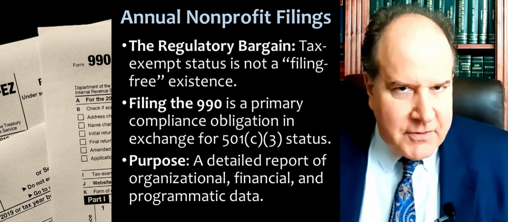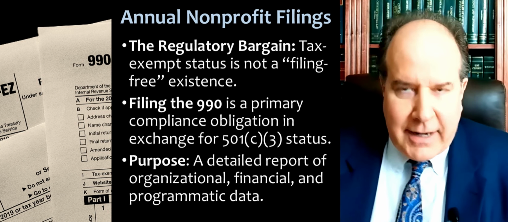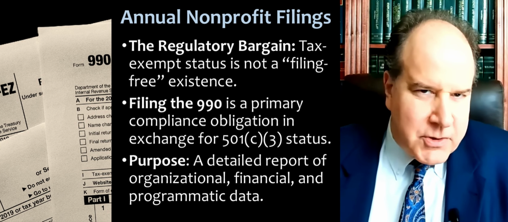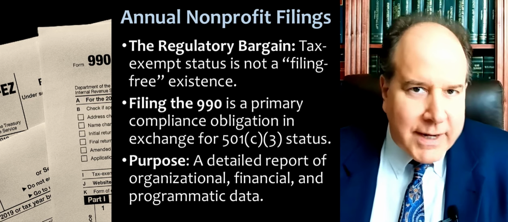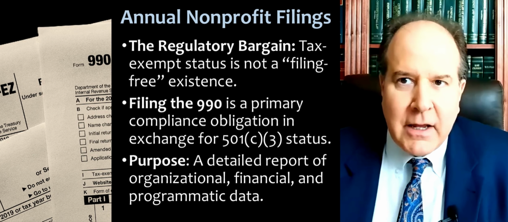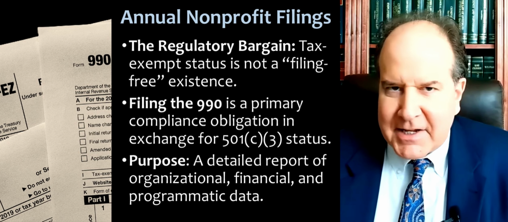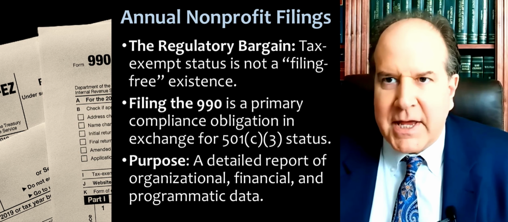So to give the big picture here, these are annual nonprofit filings. In some ways, you could think of it as representing part of a regulatory bargain where we give organizations tax exempt status on the money that comes in.